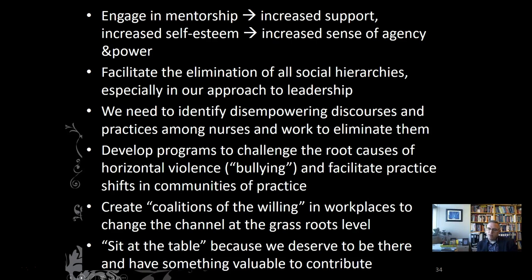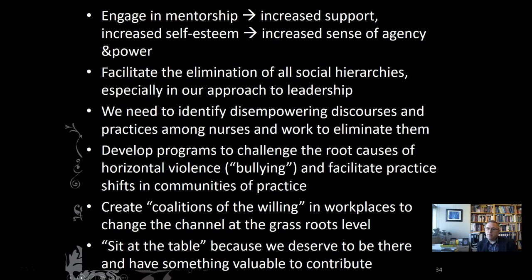Getting together in a room and sharing experiences of bullying towards us is not going to make things better. We have to reclaim that power, and we have to create a climate in which we do not tolerate that behavior in nursing. We have to create coalitions of the willing in workplaces to change the channel at the grassroots level.